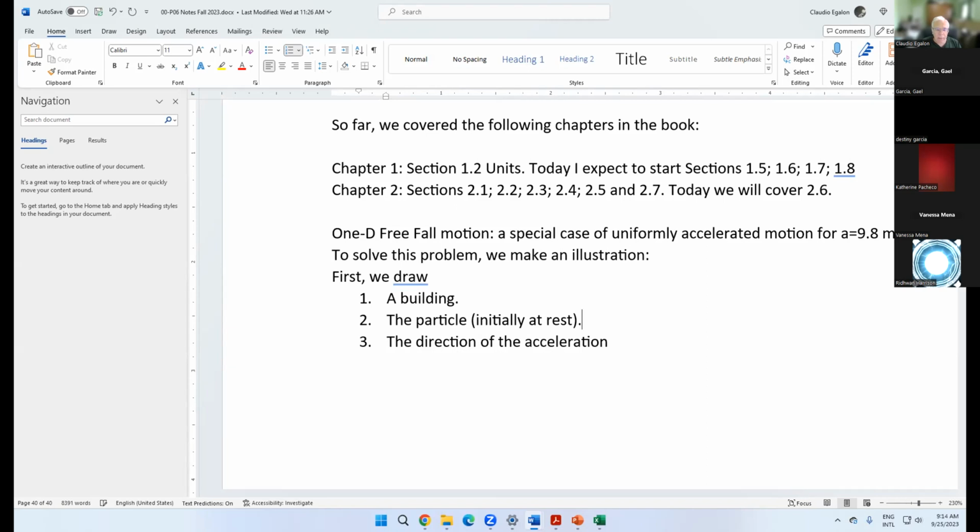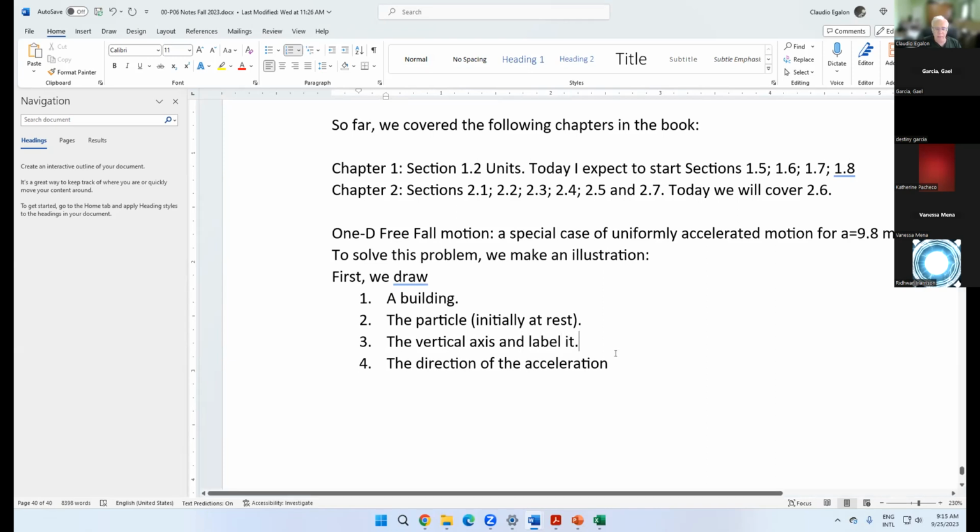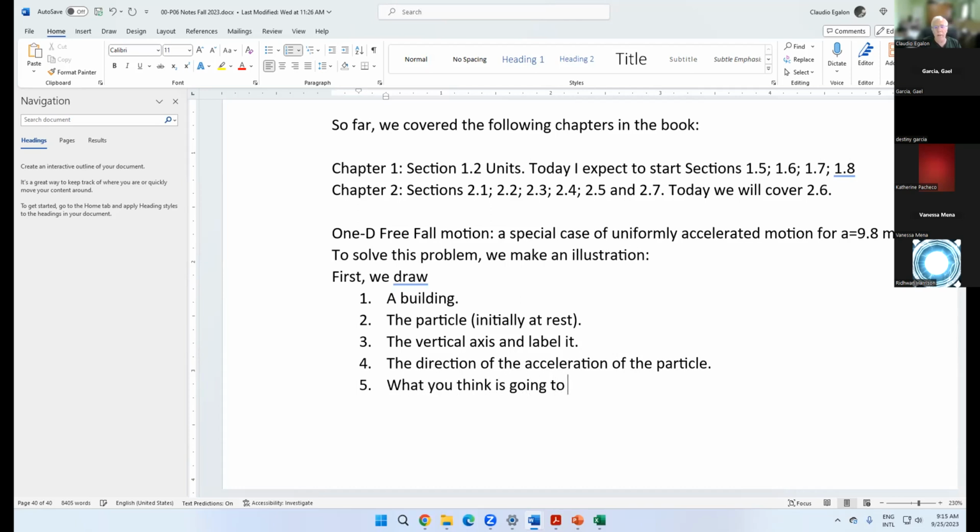The building, oh, wait a minute, the particle, okay, the axis, right? The vertical axis, and label it, the direction of the acceleration of the particle. And what you think is going to be the motion diagram of the particle.